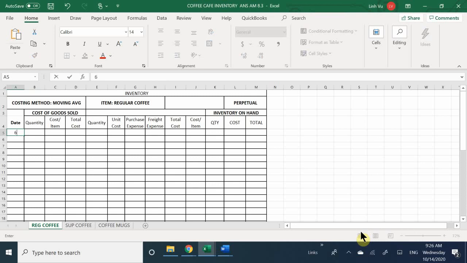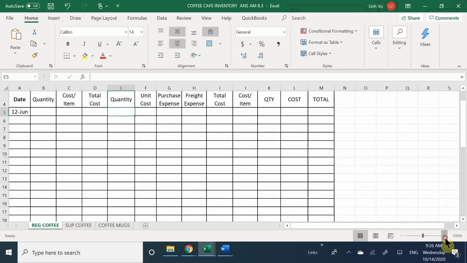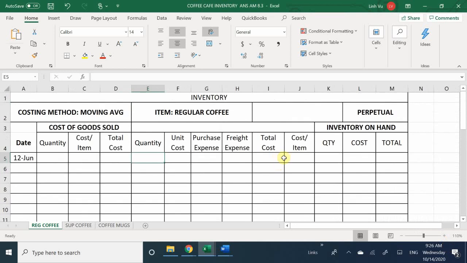So what we know is that on June 12th, we could skip our cost of goods sold section. Let me make this a little bigger so you guys can see. We know that we received a total of $125 worth of regular coffee, and each one was $1.35.